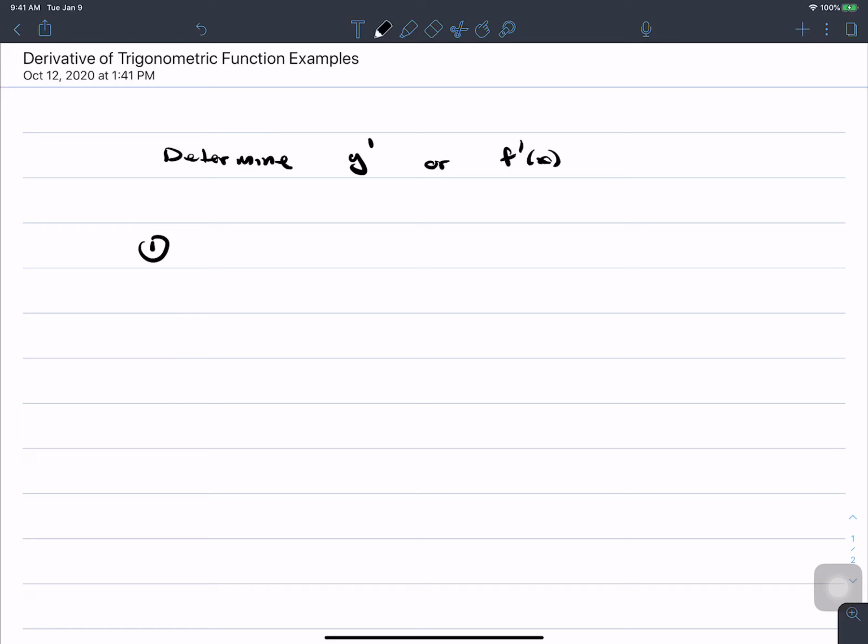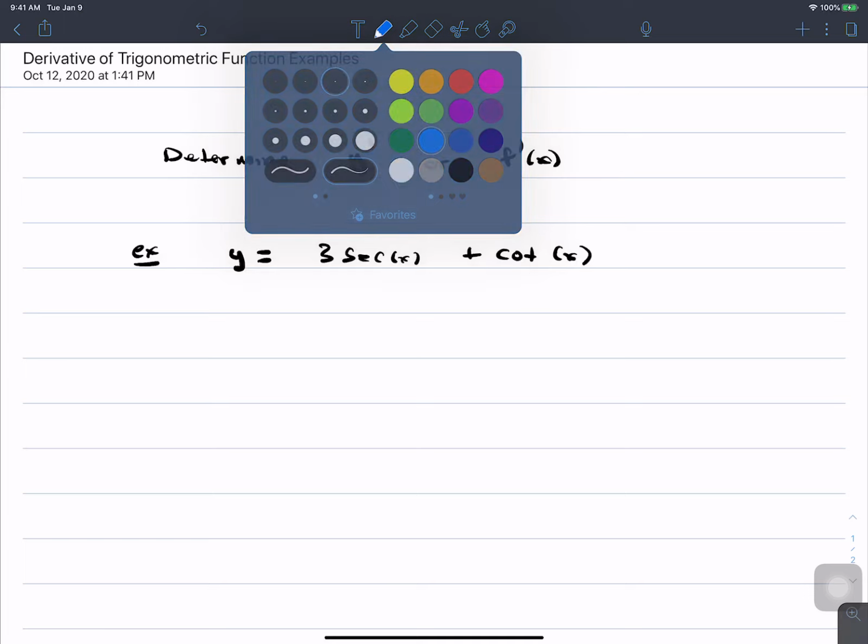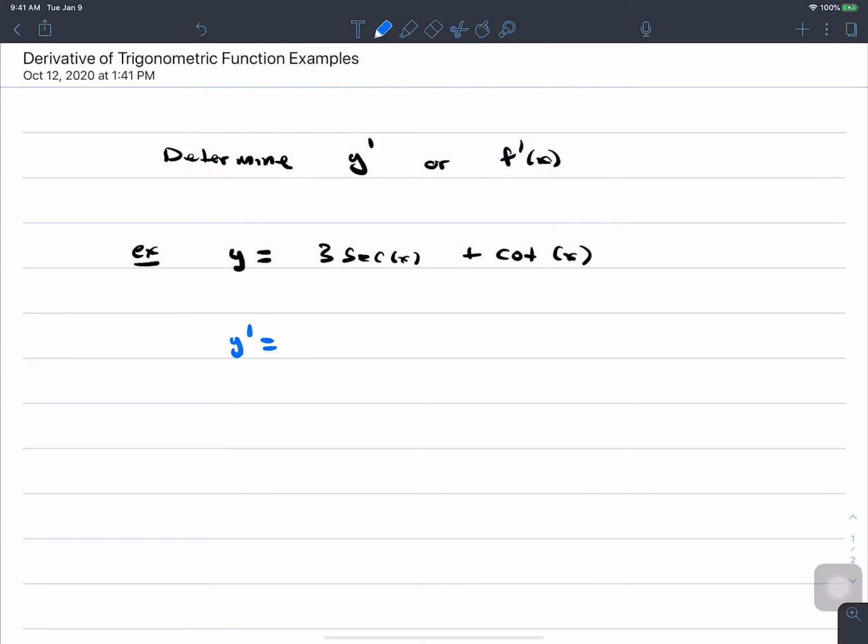Let's say, we could just call it example. They give you the function y is maybe 3 secant x plus cotangent x. Okay. So y prime will be the derivative of 3 secant plus cotangent.